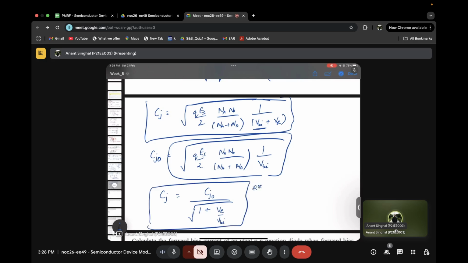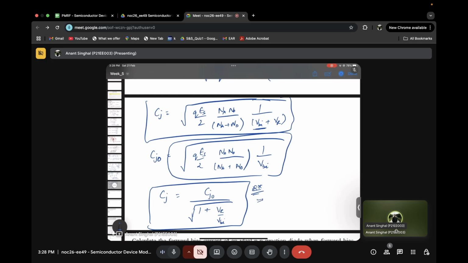This is a very important relation which holds for the calculation of junction capacitance of any reverse bias PN junction. Why are we talking about reverse bias only? Because the actual depletion width, or the nominal depletion width that we have, comes only after the application of reverse bias. So this is a very important formula that you will be studying.